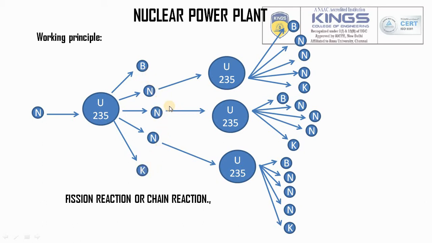Again, the 3 free neutrons from this reaction react with uranium-235 atoms individually. Those free neutrons hit the uranium-235, and again it generates barium, 3 free neutrons, and 1 krypton.